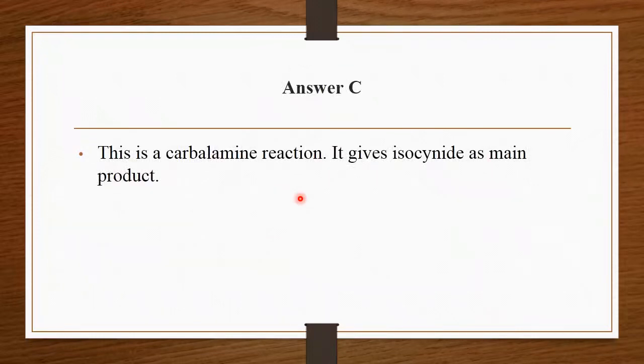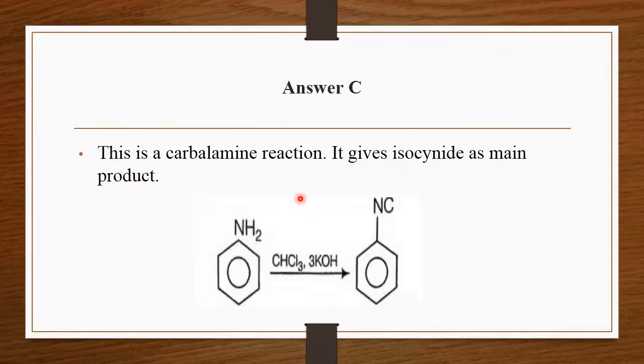because it is an example of carbylamine reaction, that is conversion of an amine group into isocyanide when it reacts with chloroform in presence of KOH.